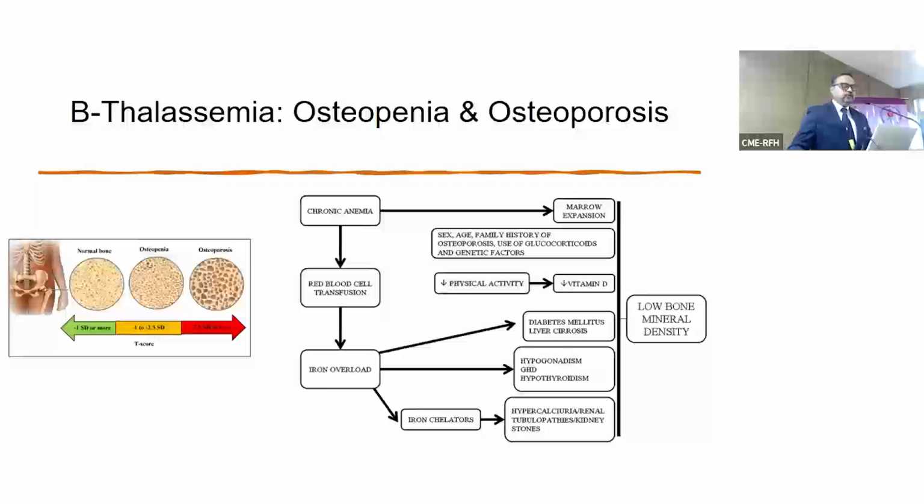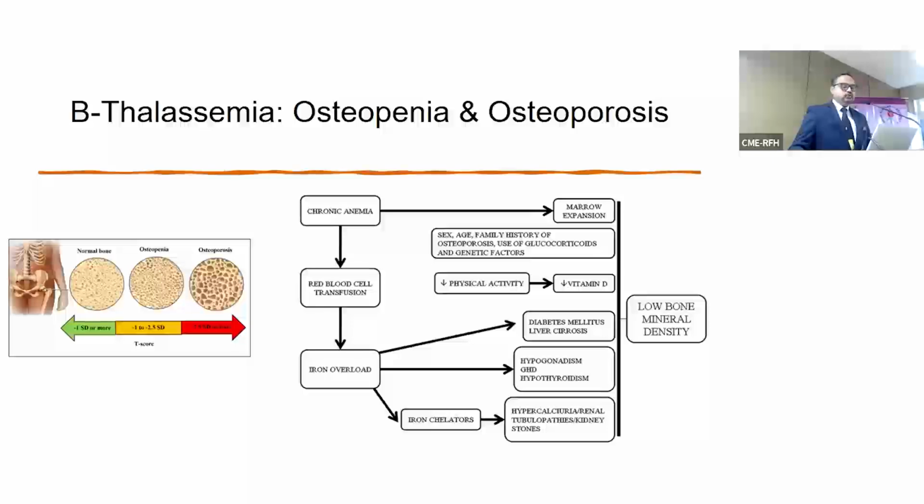Now, osteopenia and osteoporosis have multifactorial reasons in thalassemia. Essentially, it's a combination of chronic anemia leading to marrow expansion, causing a lot of compression on the cortical surface. In addition, blood transfusion and iron overload cause vitamin D deficiency, at times diabetes, hypogonadism, hypercalciuria and renal tubular issues.